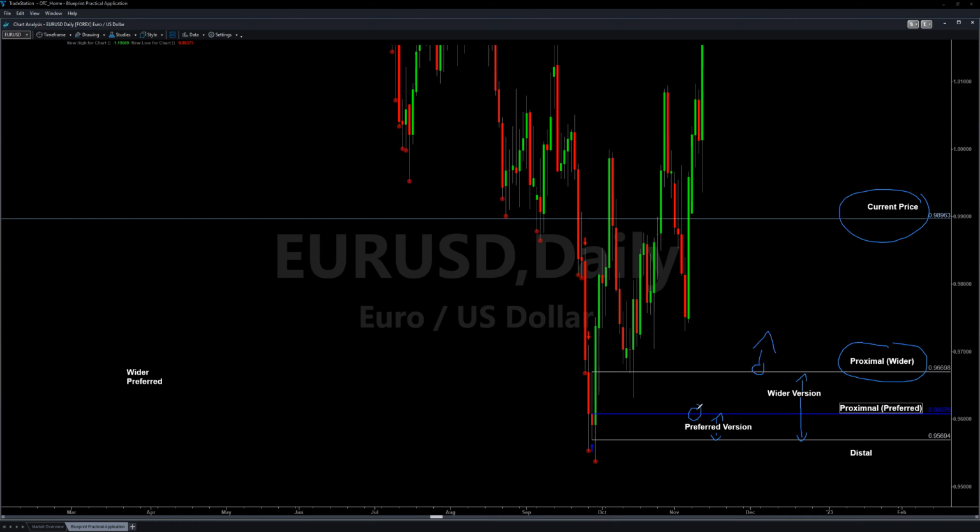Here, the probability to be filled on a preferred version is not the best because we are slower than the wider version. That's a difference. That means pros and cons. With the wider version, the probability to be filled is really, really good. Check the zone, it's huge.